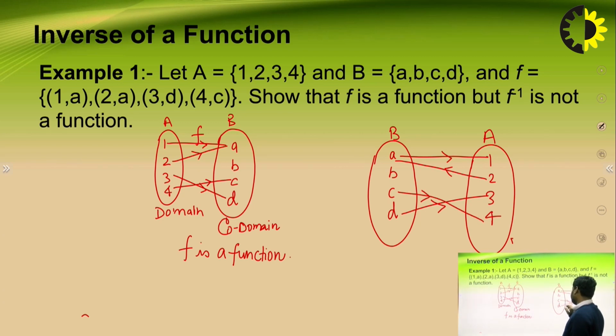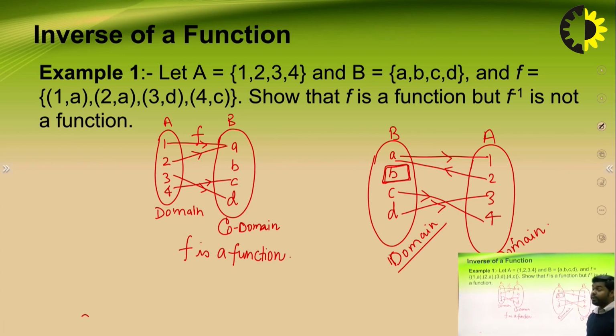This is the given. Now we are saying that for the inverse function, this is the domain and this is the codomain. Now, as the definition of the function says, all elements of the domain are related to the codomain of a function. Now, here is the function, the definition, but the element b of the domain is not related to anyone.